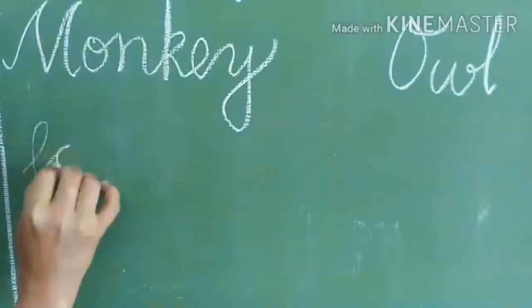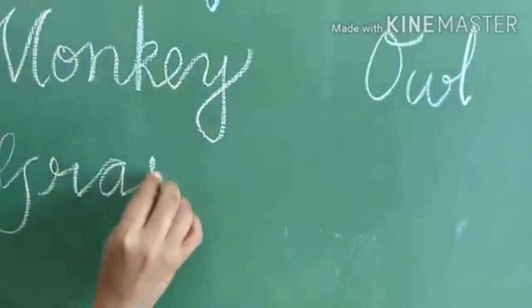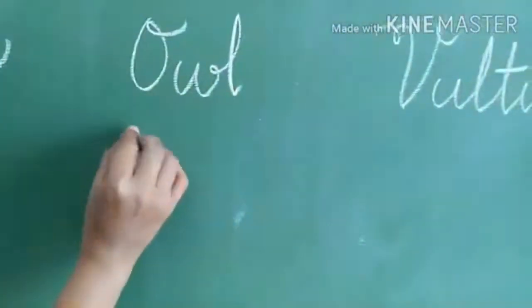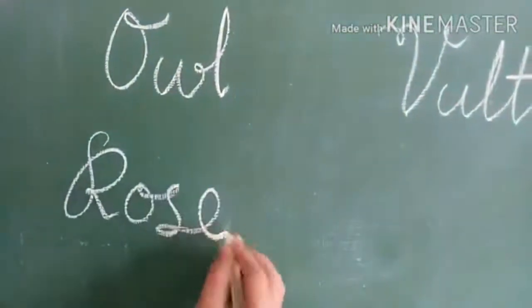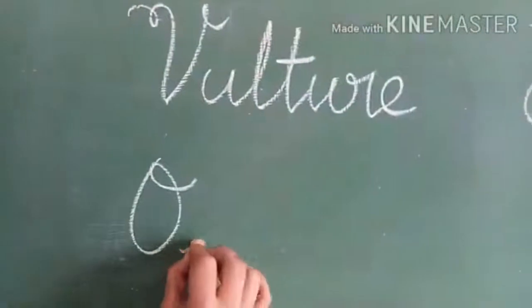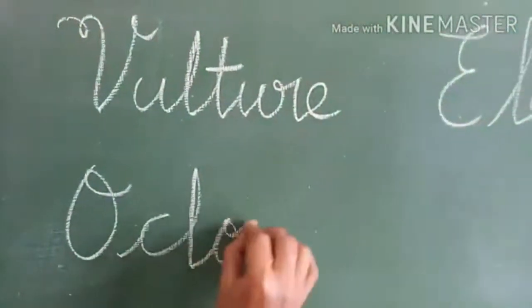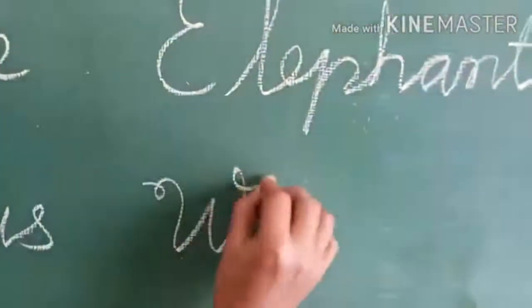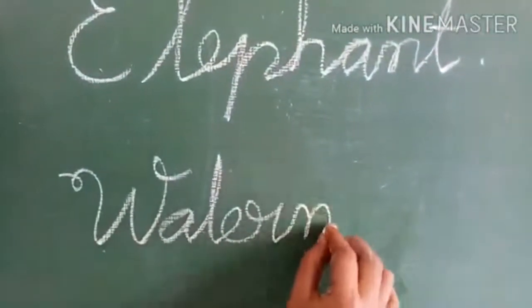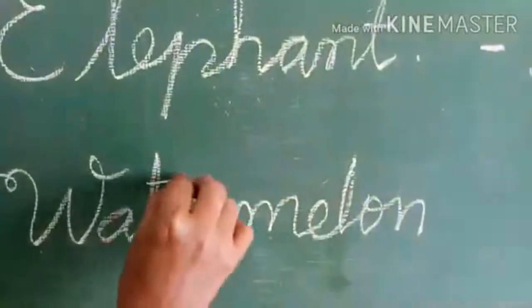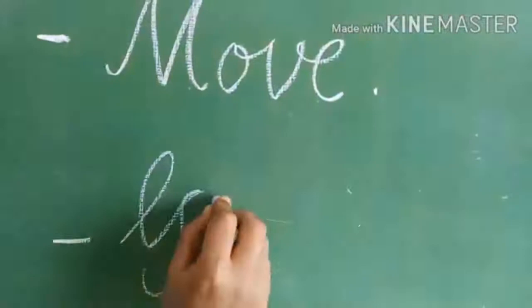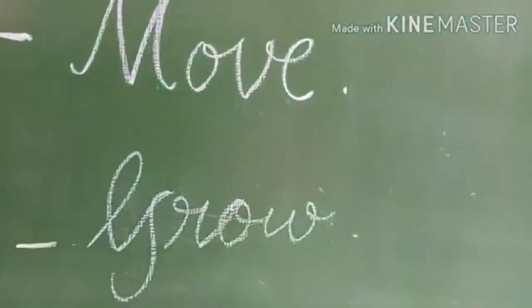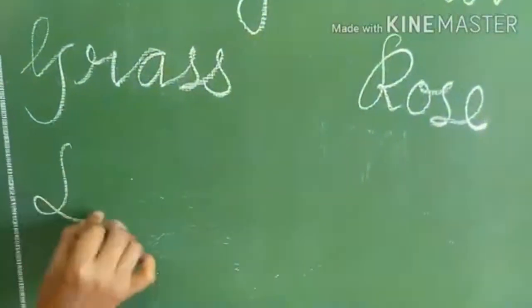Second question is grass, rose, octopus, and watermelon. The answer is grow.